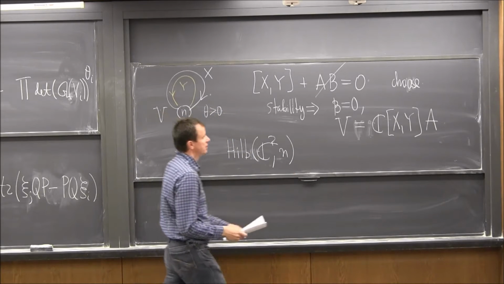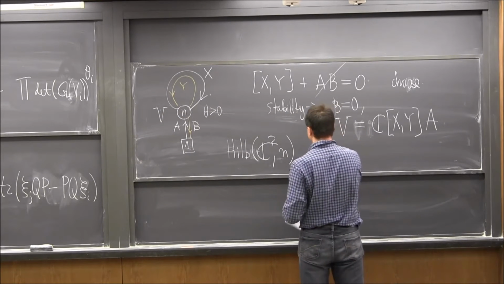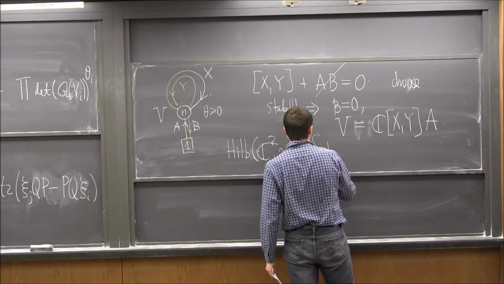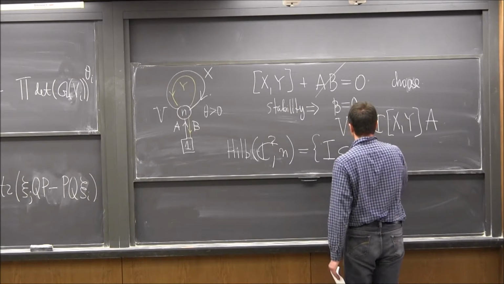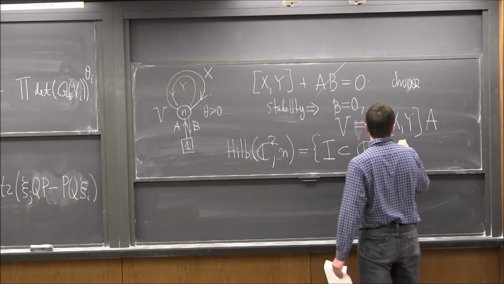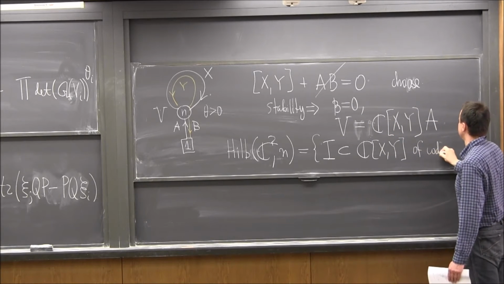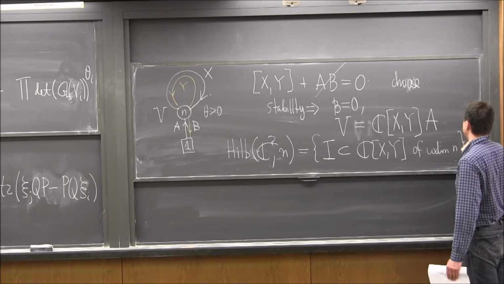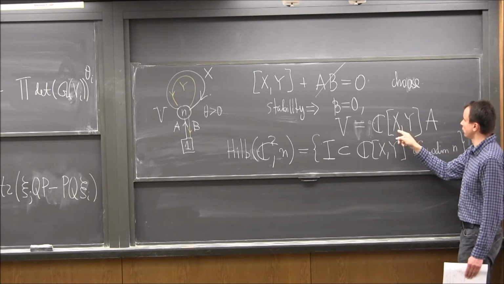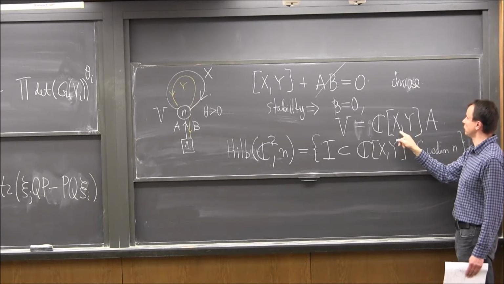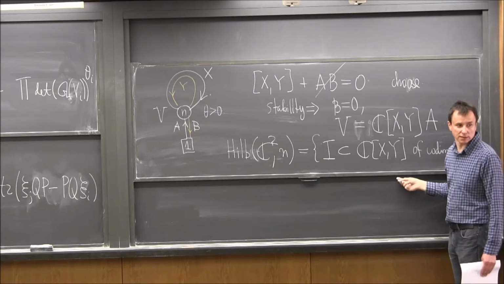And the map is just, this is spanned by ideals in x and y, and the map is just the kernel of this map from polynomials to V, which is my ideal.